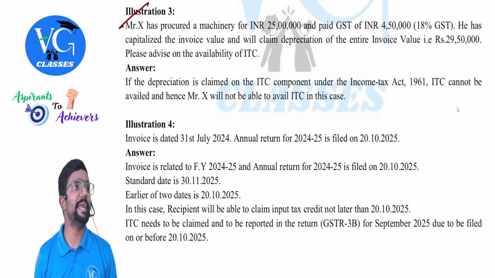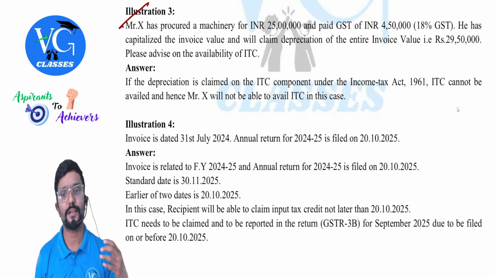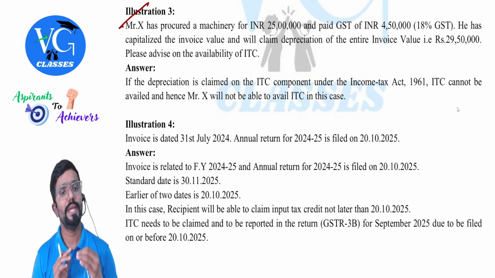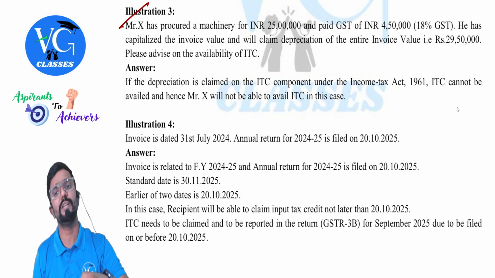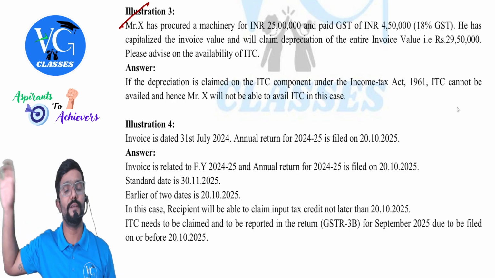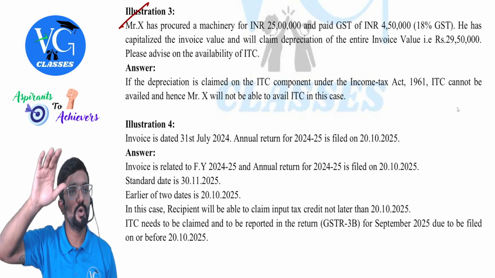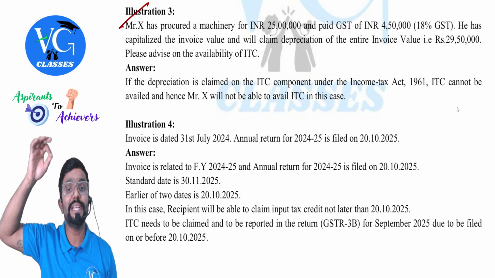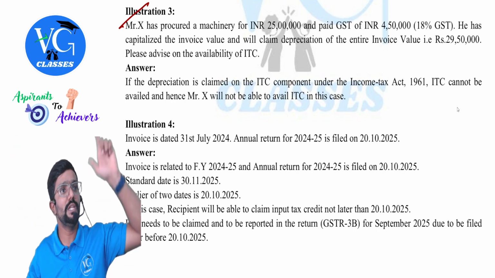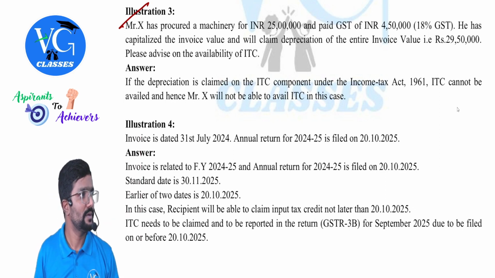He has capitalized the invoice value and will claim depreciation of the entire invoice value, 29,50,000. In simple, to claim depreciation under income tax law, the actual cost is 29,50,000, including GST component.